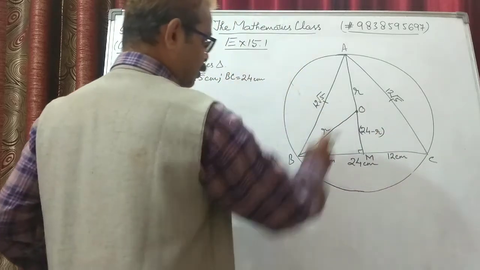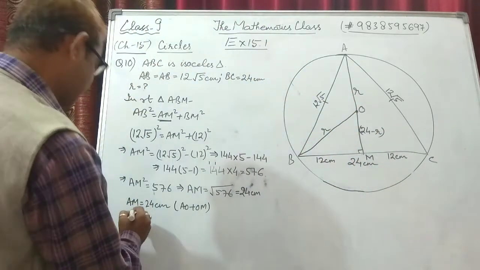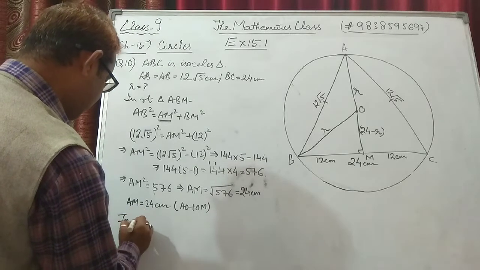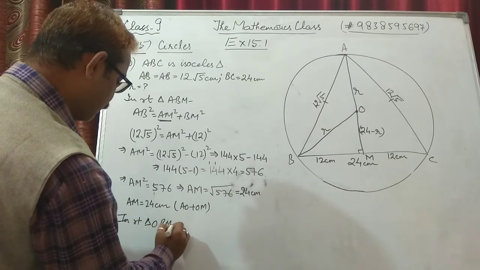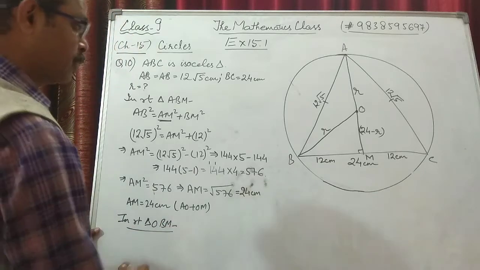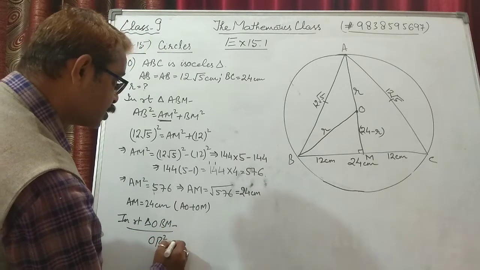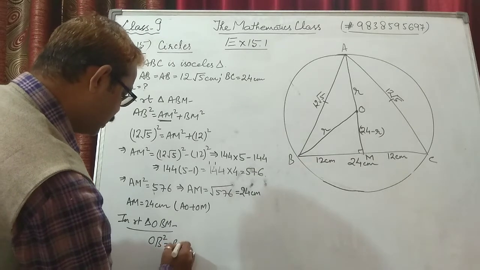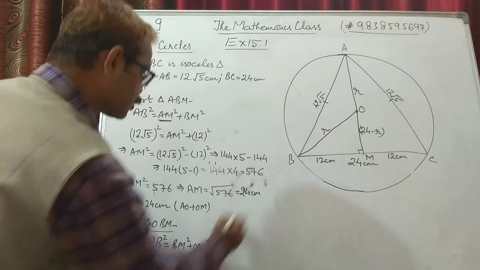Now we will apply the Pythagoras theorem in triangle OBM. So now we will say in right triangle OBM, what do we find? OB square is equal to BM square plus OM square.